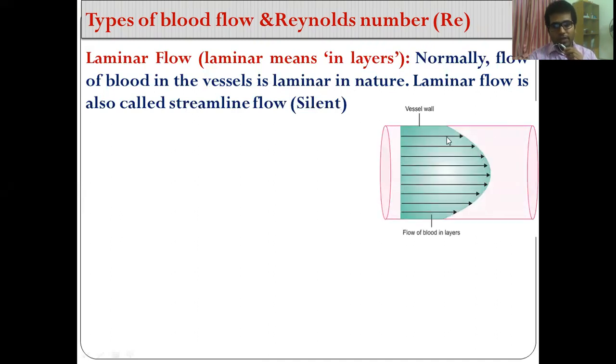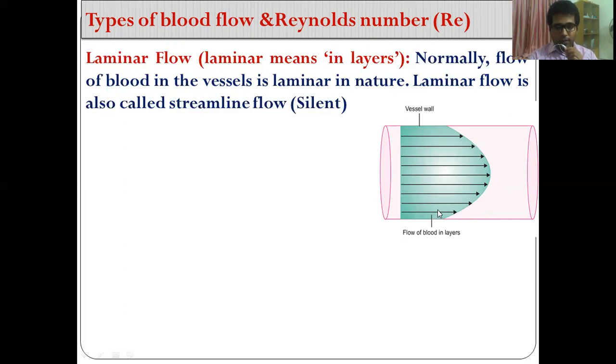Here you can see there are parallel layers of blood flow. If you look carefully, you will observe that the very thin layer lying very close to the wall of the blood vessel has a velocity that is almost zero or very minimum.